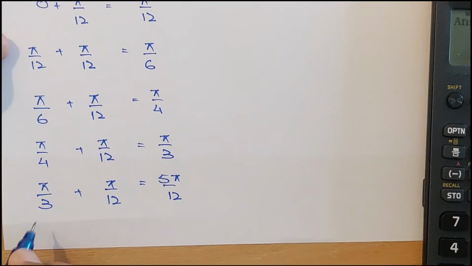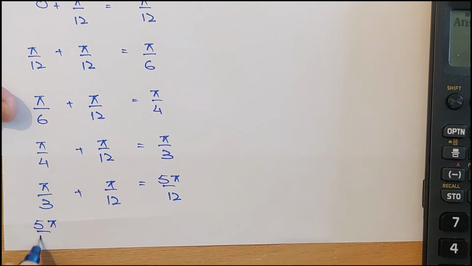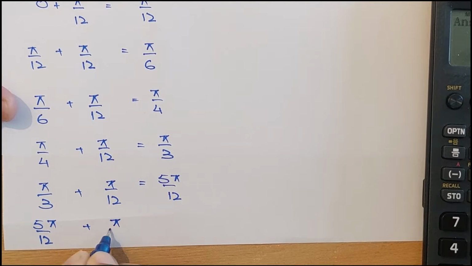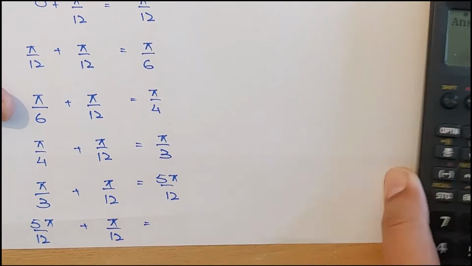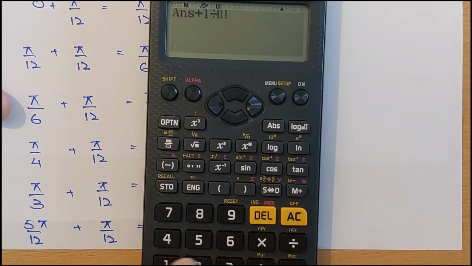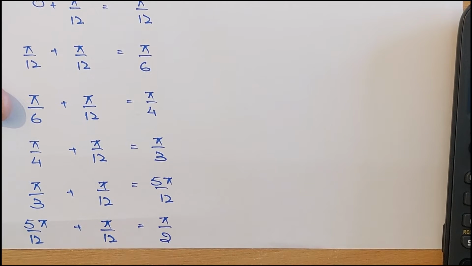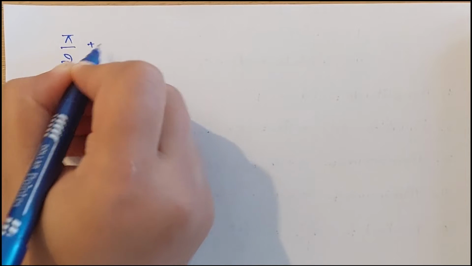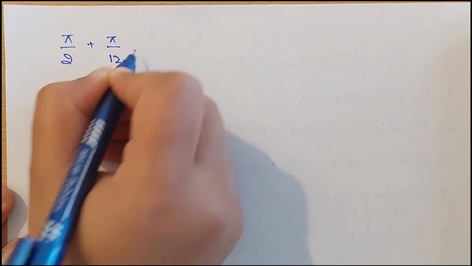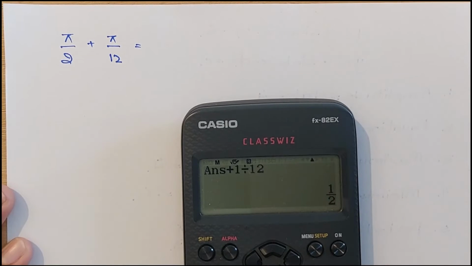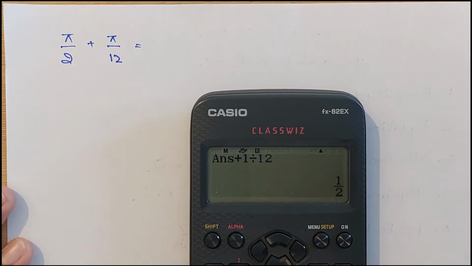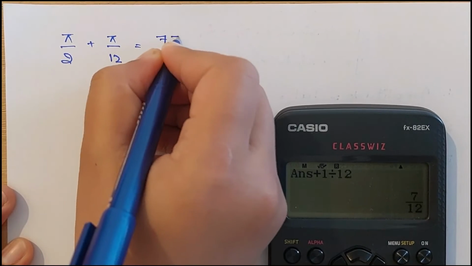The next point is 5 pi by 12, again adding pi by 12, this is pi by 2. Let's continue. To pi by 2, add pi by 12. We have to go till pi because the domain is between 0 and pi. So this is 7 pi by 12.